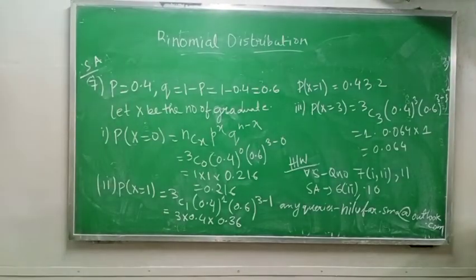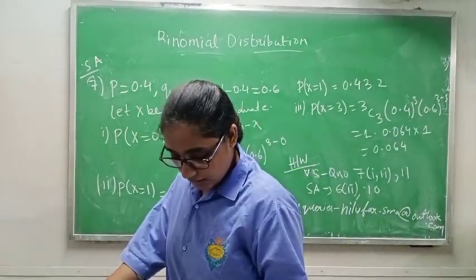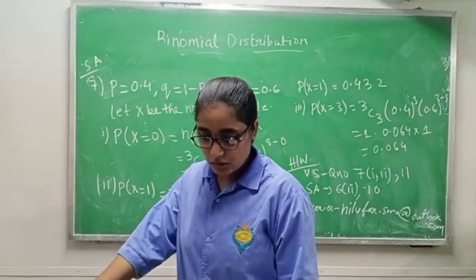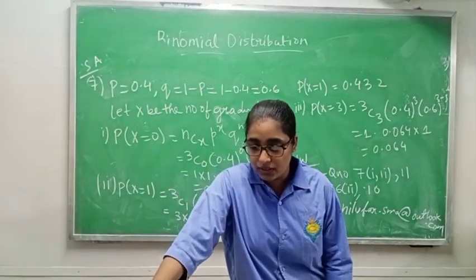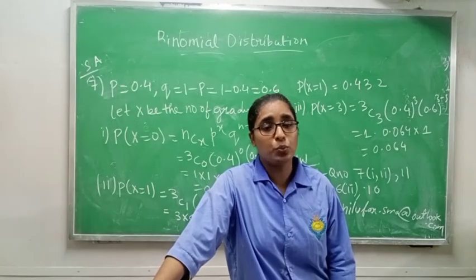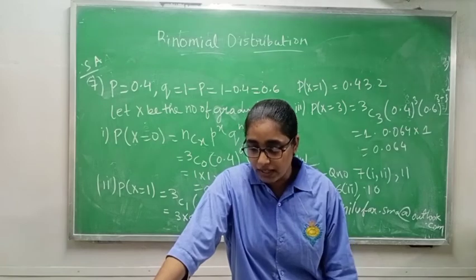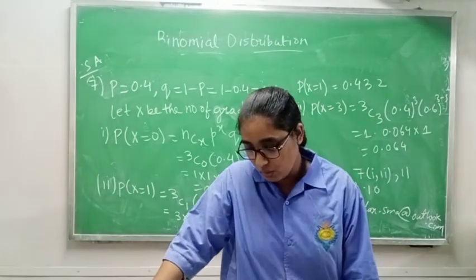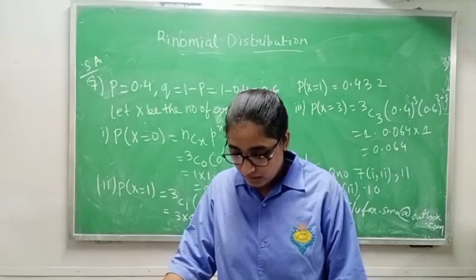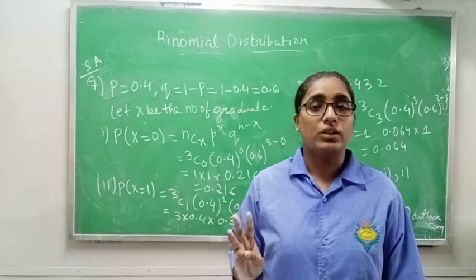Class 12 short answer question number 7. The probability that a student entering a university will graduate is 0.4. Find the probability that out of 3 students of the university, none will graduate, only one will graduate, all will graduate. They are asking only for 3 students.